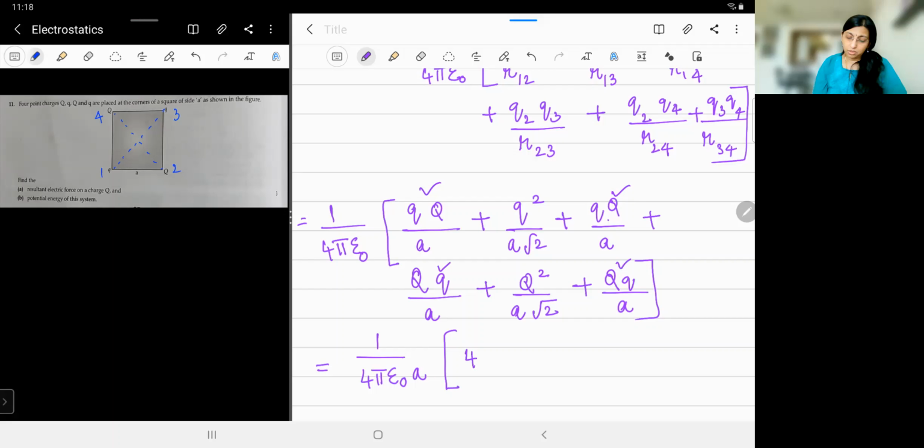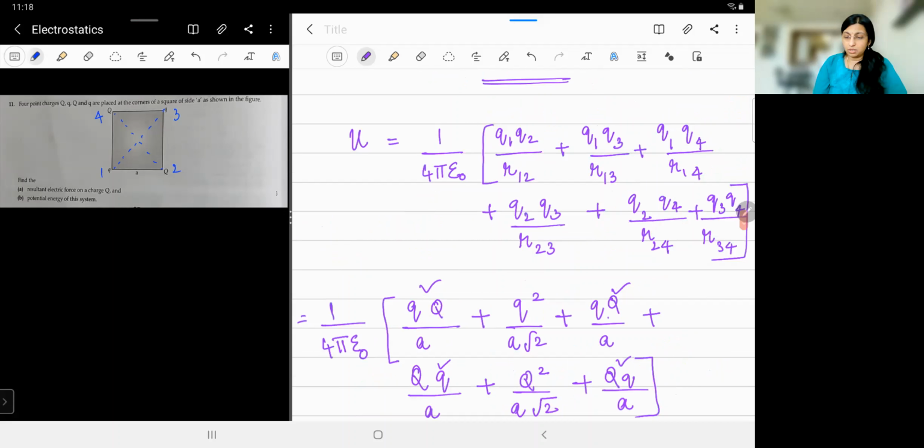So 4 qQ plus Q square divided by root 2 plus capital Q square divided by root 2. So that is the potential energy of the system. Remember, the unit of potential energy is Joule and the unit of force is Newton.